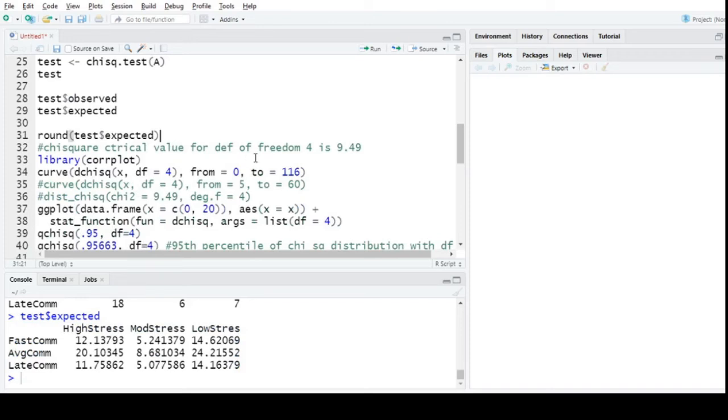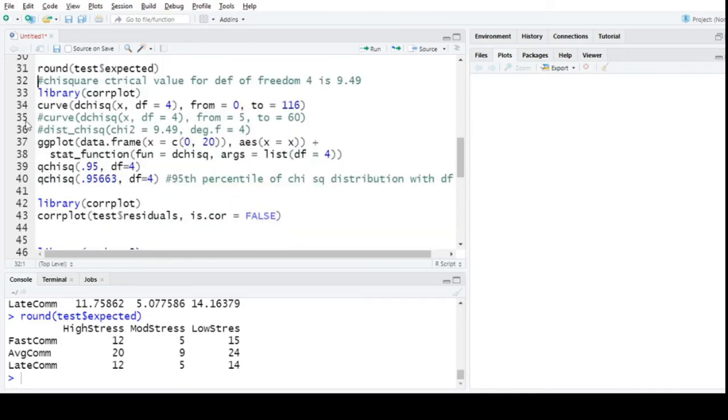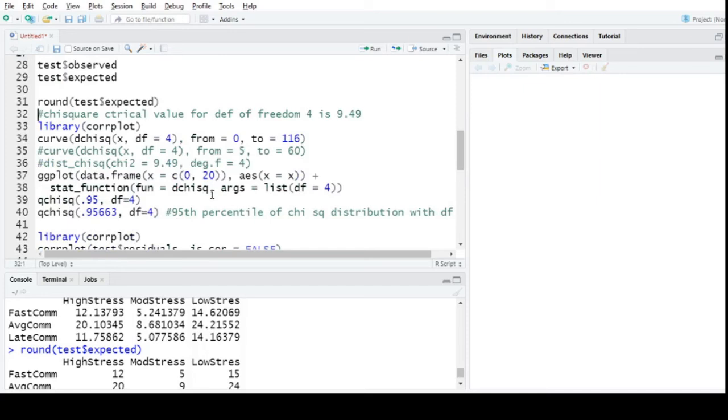Okay, so let me show you this one, but again I'm not using the rounding in the calculation as such. I just rounded to show you, because a person cannot be 12.13 and 5.24 and 8.68, right? It is difficult to have a decimal value when the frequency represents the count of people.